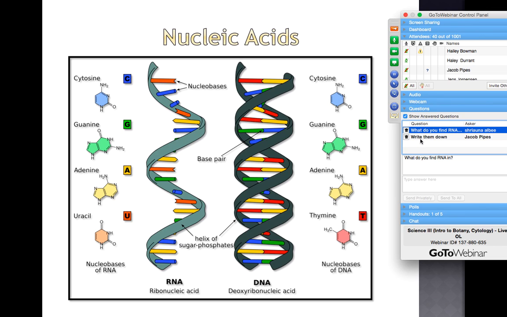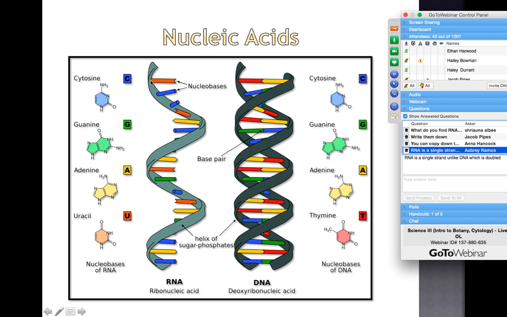That's right, yes. So Jacob says you write them down. Anna says you copy down the information. And that is exactly what RNA is. RNA is an exact copy of one side of the DNA molecule. Okay? So it's a single strand and it's a copy.